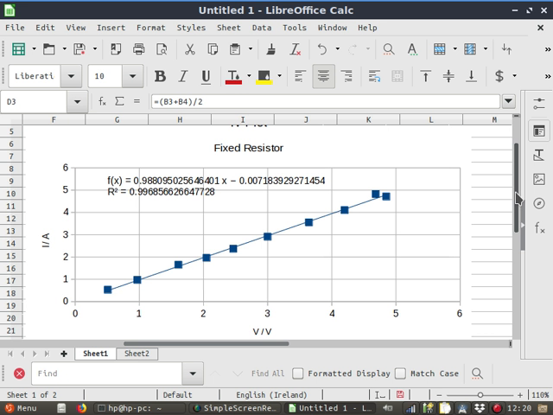Where is my straight line? The name of this graph is called a scatter. Scatter.